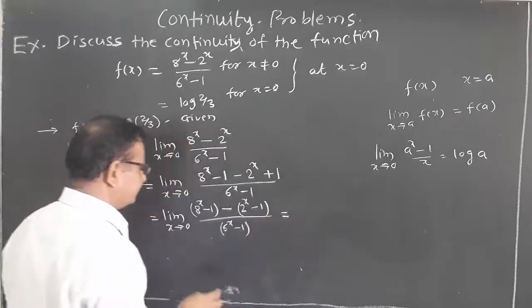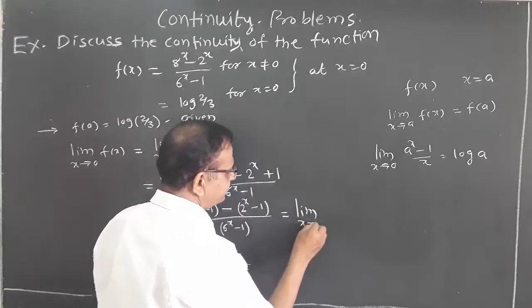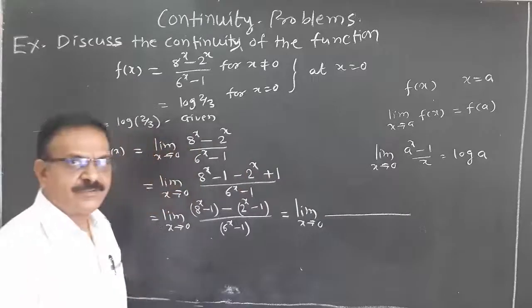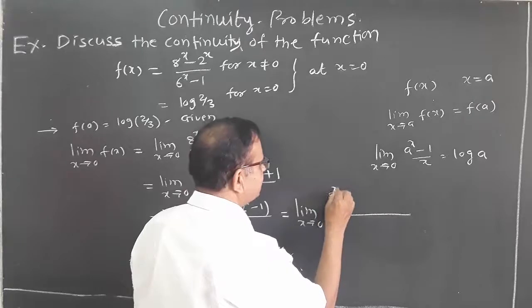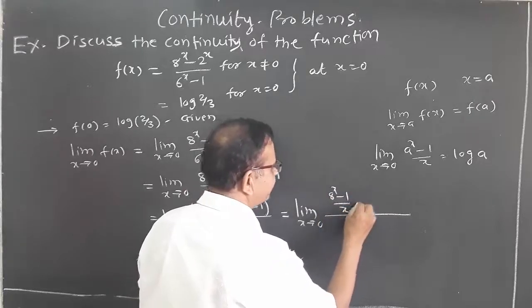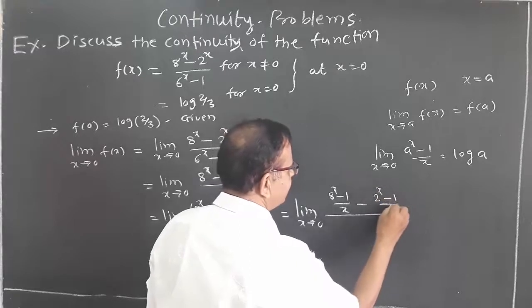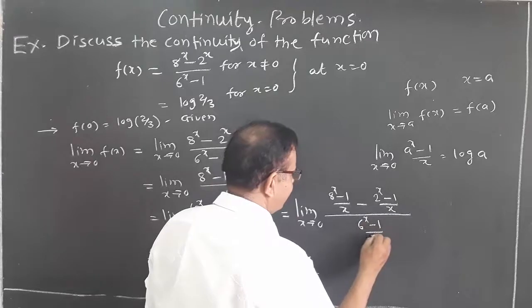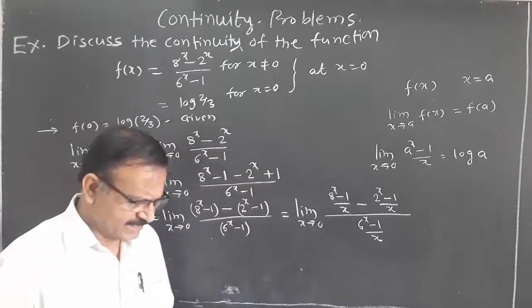This is nothing but limit x tends to 0 of, we shall divide numerator and denominator by x. Therefore, this can be written as ((8^x minus 1)/x minus (2^x minus 1)/x) divided by ((6^x minus 1)/x). We had divided numerator and denominator by x.